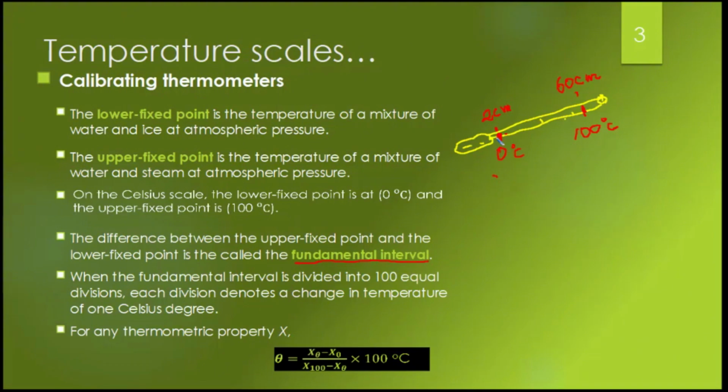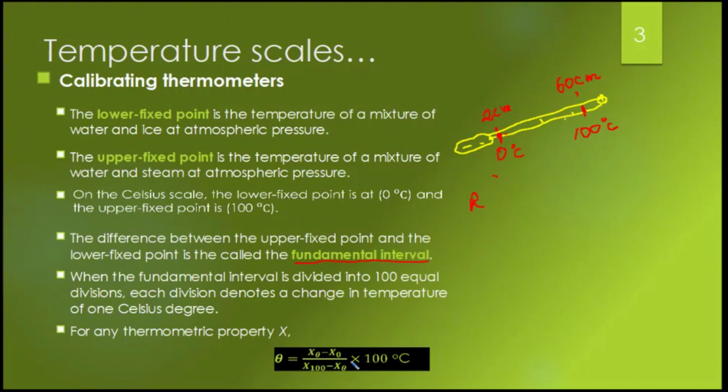Now we have taken an example of mercury. It could be for any thermometric property. For example, it could be the resistance of a conductor. It could be the pressure of a fixed mass of gas at constant volume. Now, how do we get a temperature on a thermometric scale using any thermometric property?